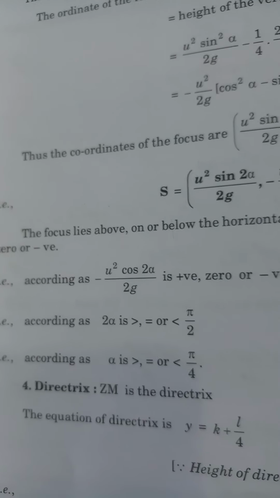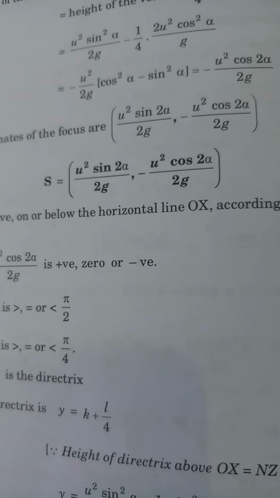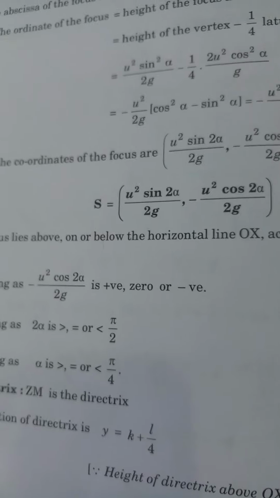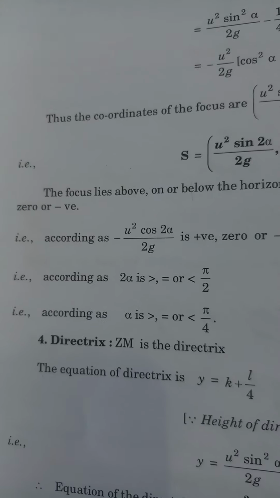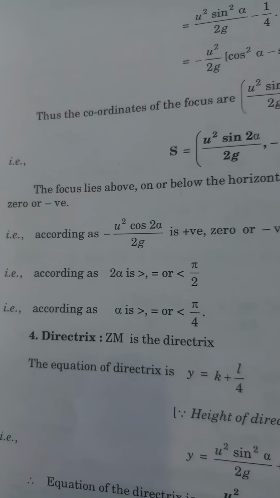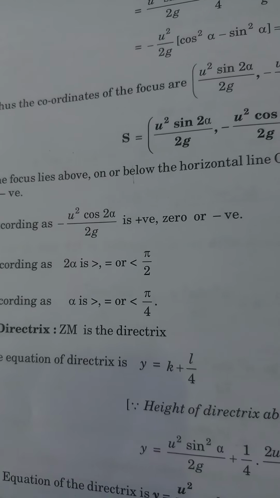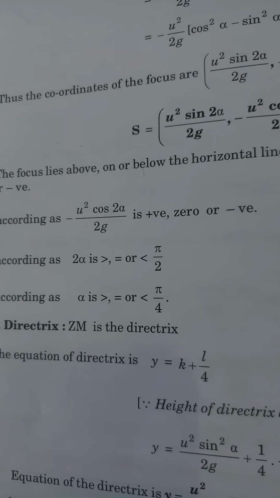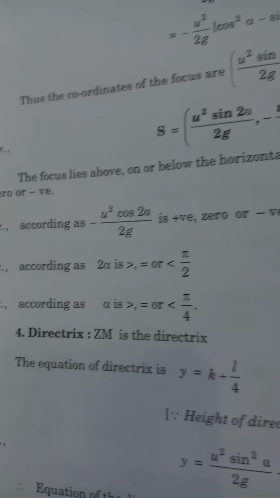That is, according as minus u square cos 2 alpha by 2g is positive, 0 or negative, that is, according as 2 alpha is greater than, equal to, or less than pi by 2. That is, according as alpha is greater than, equal to, or less than pi by 4.